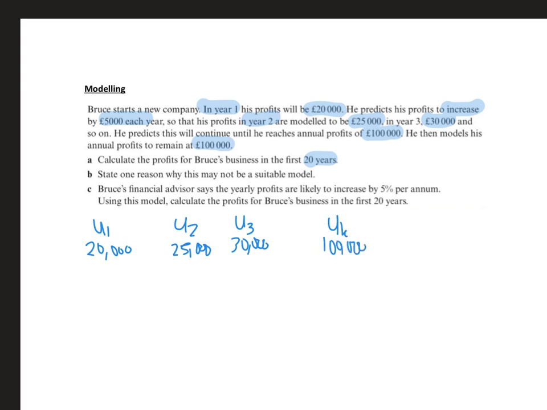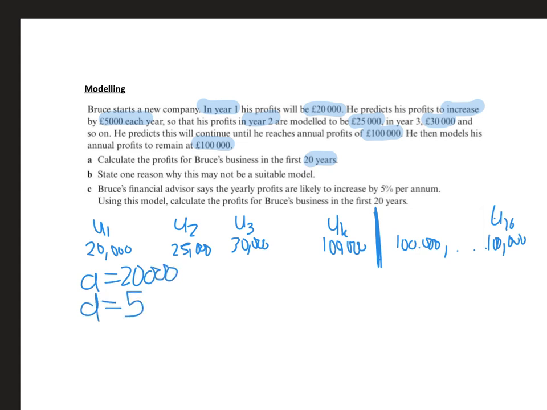It's then going to stay the same until we get to U20, which will be 100,000 as well. So let's think what type of sequence it is. Well, up until this point, it's an arithmetic sequence. The first term is 20,000, and the common difference is 5,000.